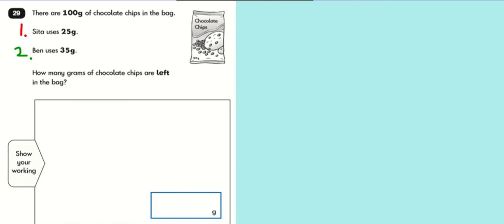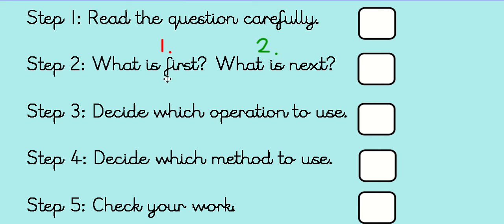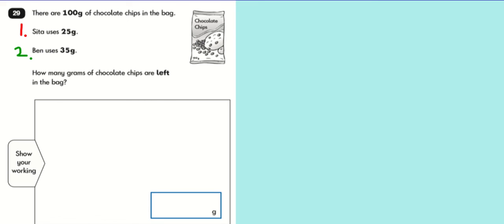Okay. Now we've decided what comes first and what comes next. So now we need to decide which operation to use. Okay, so it's time to read the question yet again for some more clues. There are 100 grams of chocolate chips in the bag. That seems like our total, what we've got at the beginning, doesn't it? Sita uses 25 grams.